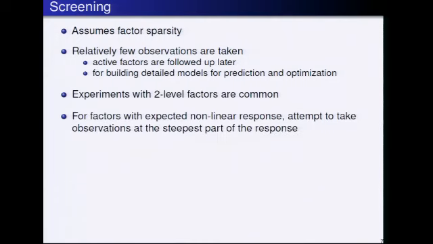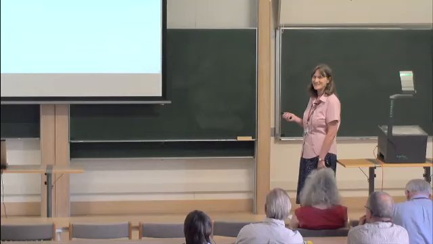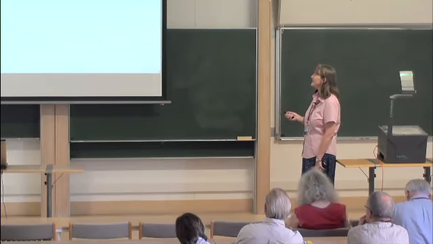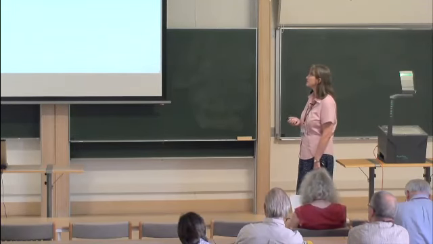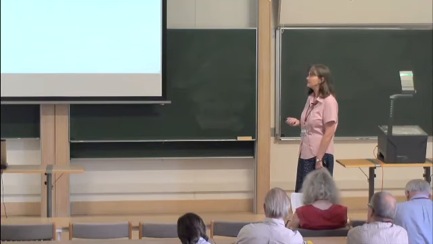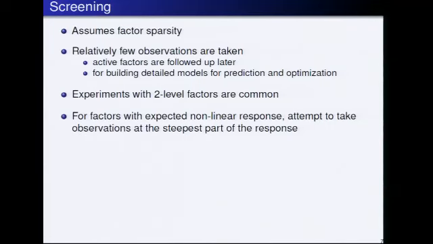That means that, and Brad may disagree with me in a minute because he's going to talk about three level factors, but that means that we can get away often with doing experiments with factors at only 2 levels. And then we always get asked, well, supposing you expect a nonlinear response.